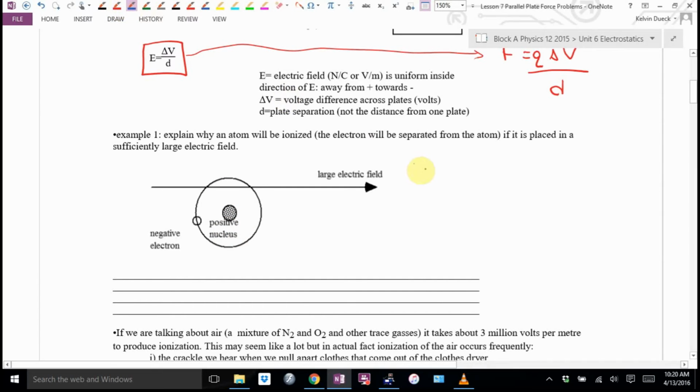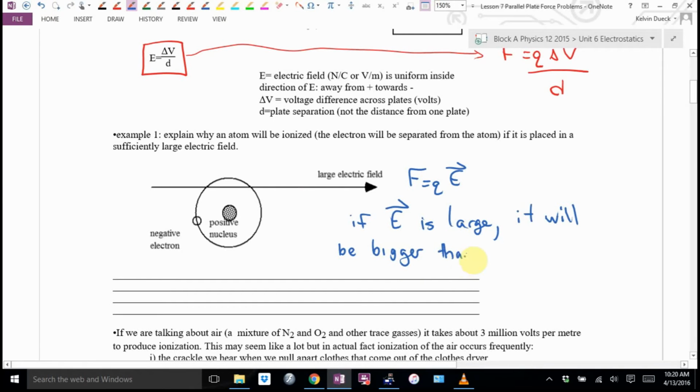However, because force equals QE, if E is large, that external electric field, this force will be bigger than the kQ1Q2 over r squared between the positive nucleus and the electron. And if I can bump up the electric field, Colin, I can do that.